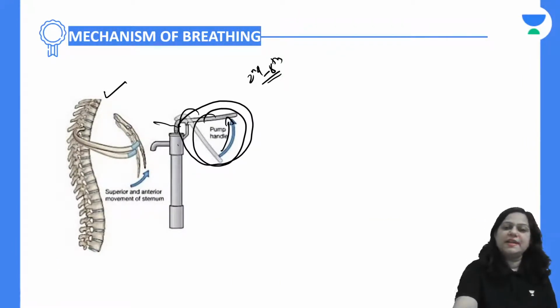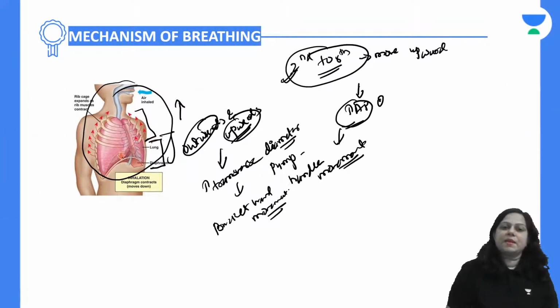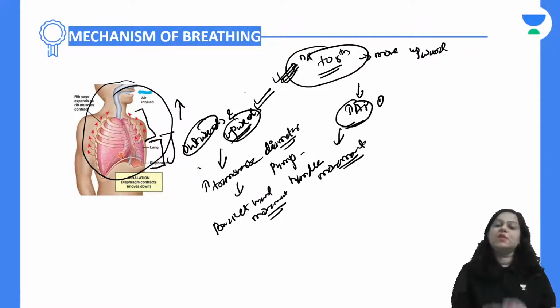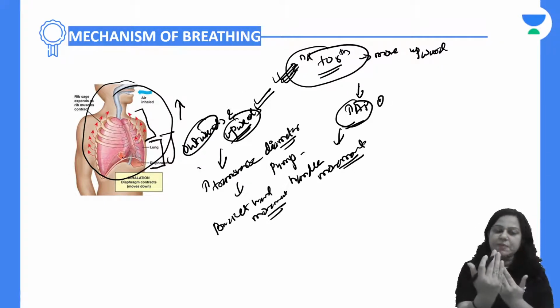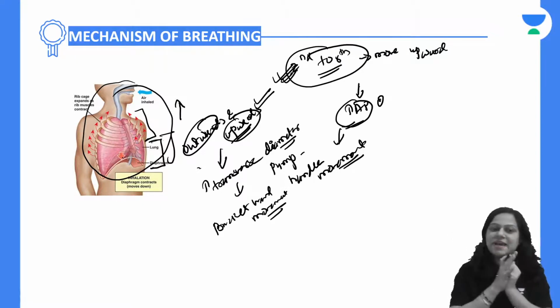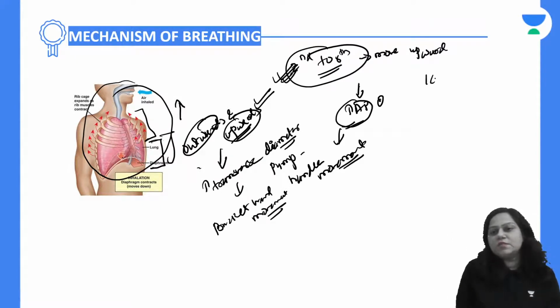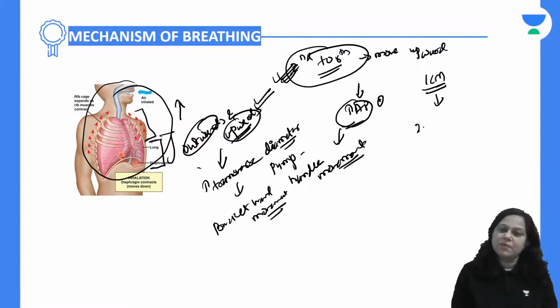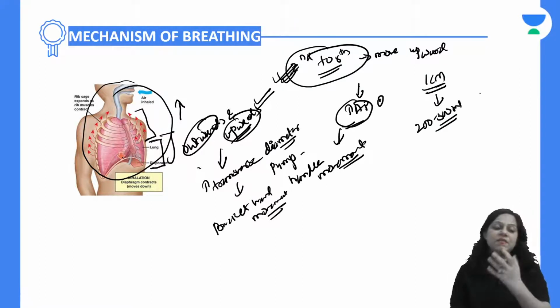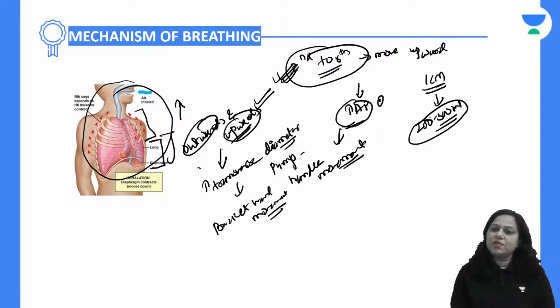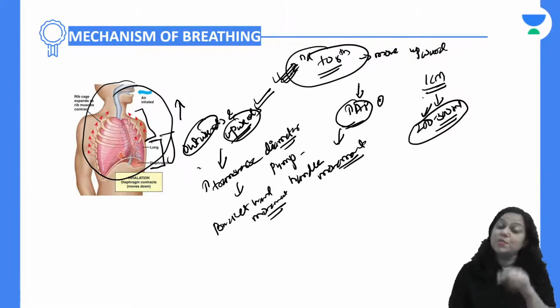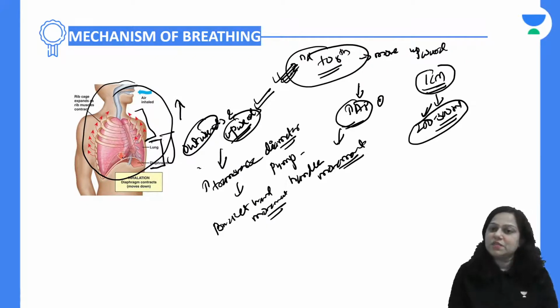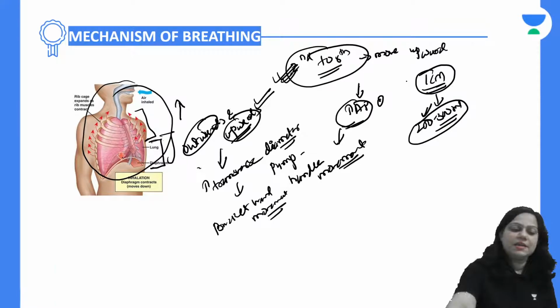Now, the next part. During inspiration, by both of these, it will cause increase in the antero-posterior diameter and the transverse diameter of the chest. With 1 centimeter descent of the diaphragm, approximately 200 to 300 ml of atmospheric air will get sucked in.